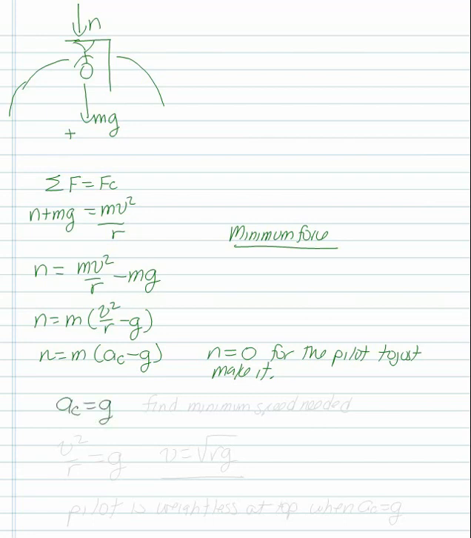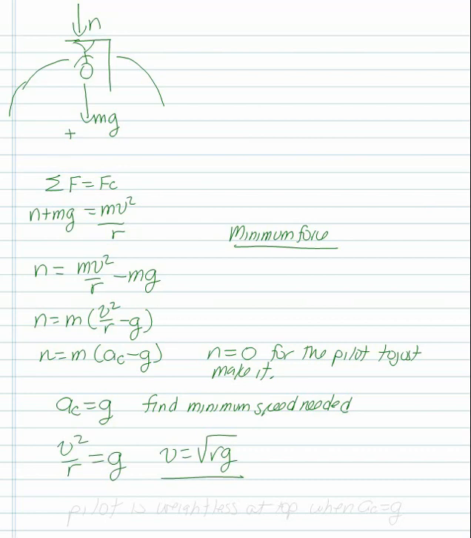And when these two equal each other, this is how you can find the minimum speed needed. How does that work? Well, if a_c is v squared over r equals g, in this case, v is the square root of rg. That's the minimum speed needed for the trick to succeed.